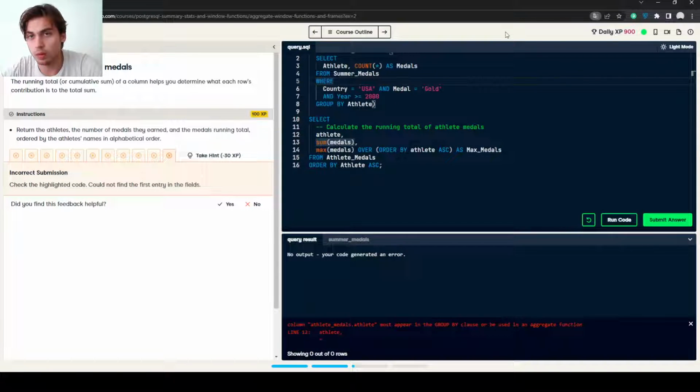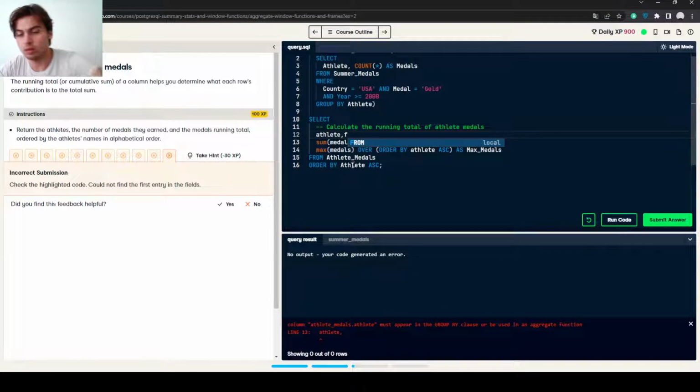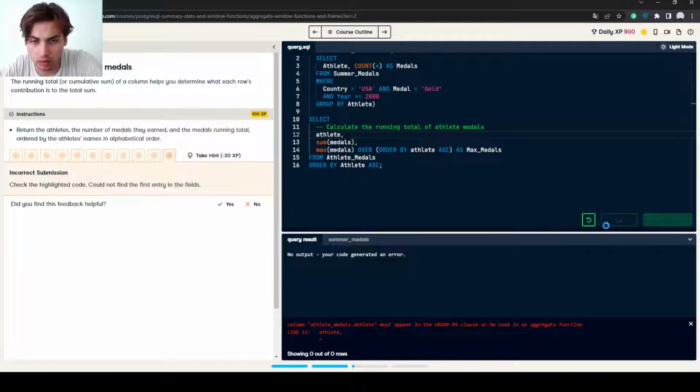Бля, да что такое? Ну, умник, давай рассказывай, как решать эту хуйню. Атлет я вернул. Атлетов я вернул. Сумма медалей вернул. Максимальное значение медалей тоже вернул. По атлетам расфасовал.